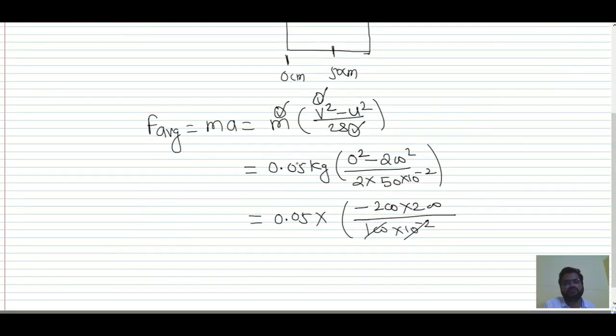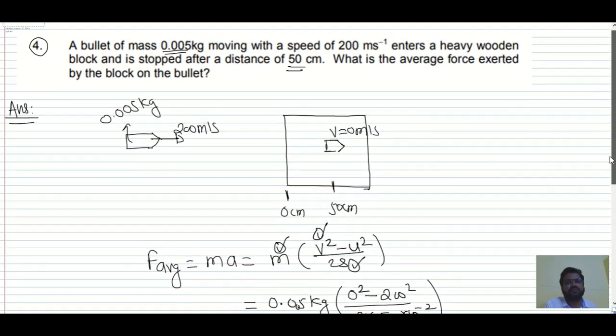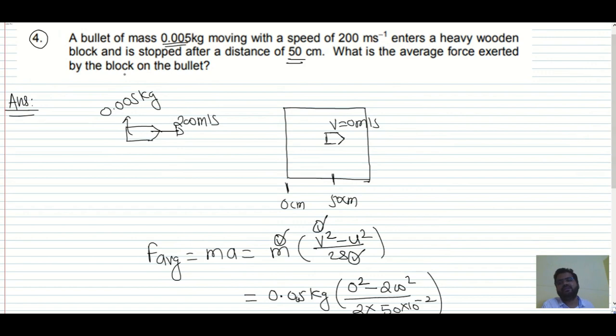So the zeros cancel, and as you can see over here we'll have minus 5 into 2 into 20. So it will become minus 200 Newton. So this is the force exerted by the block on the bullet. So I hope this is clear.